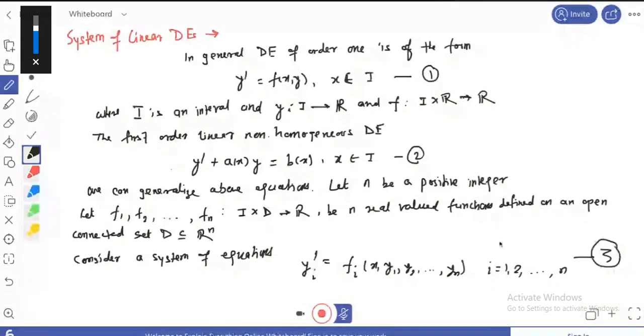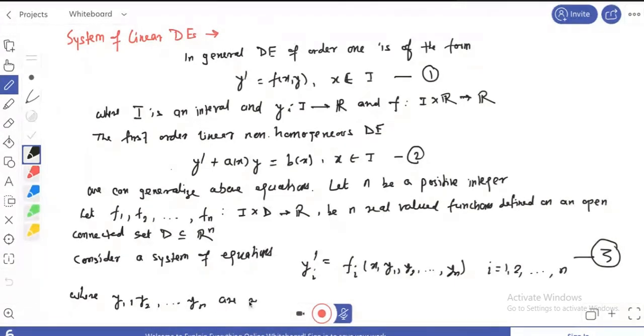Here y1, y2, y3 up to yn are real valued functions, and these are the functions we have to determine.